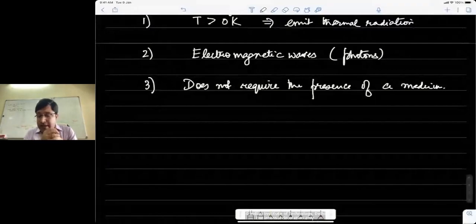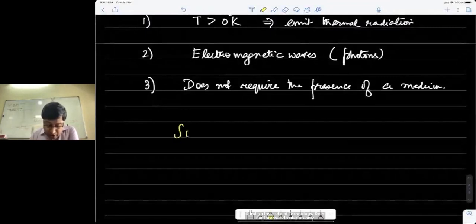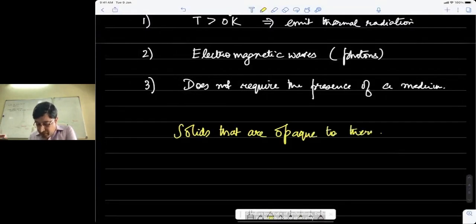Now one more thing is that this radiation is actually a volumetric phenomenon, because every particle in the solid or any medium can actually emit radiation. But we will deal specifically with solids that are opaque to thermal radiation. And by opaque I mean that these solids will not transmit radiation.